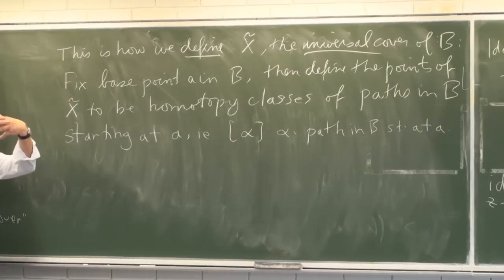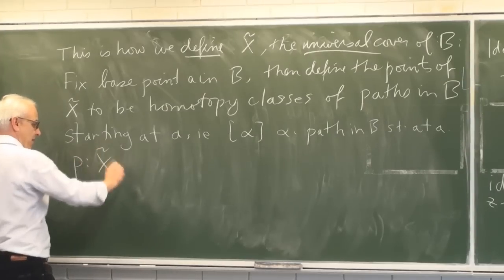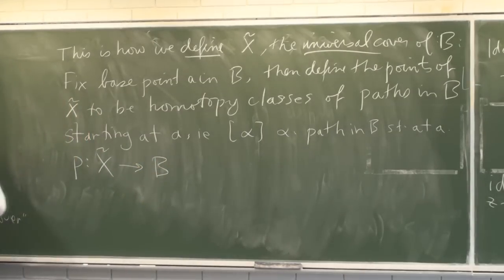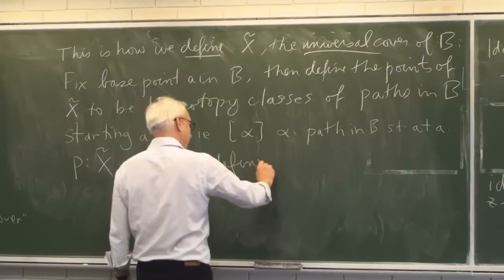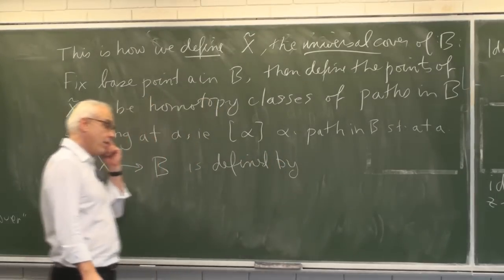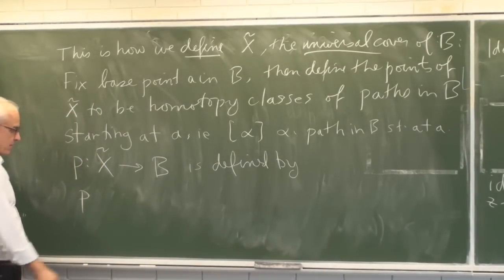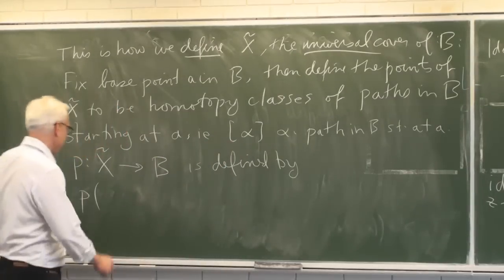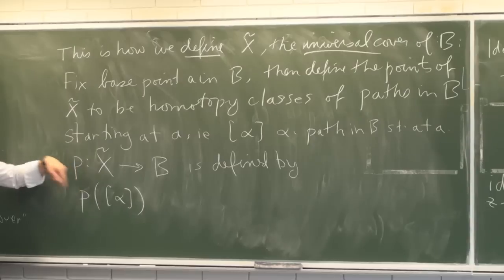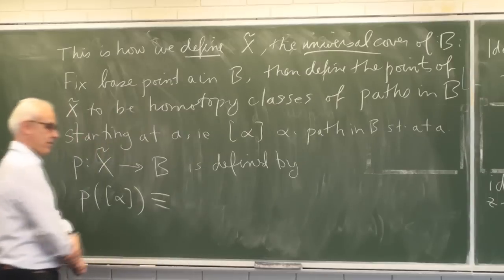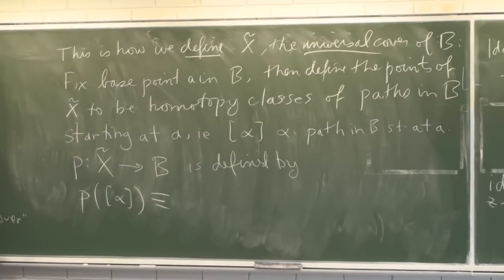All right, that's what it is, as an object. And we also need to define this map from the covering space down to the base space, the covering map. To do that, we have such a homotopy class of paths starting at A, and we define its image under P to be... what should we define it?